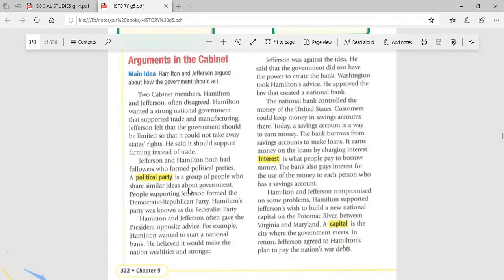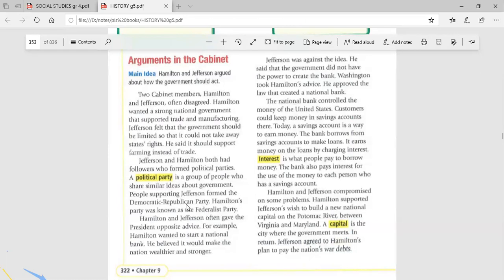Political party means a group of people who share the same ideas. So the people who supported Jefferson formed a party, and they named their party the Democratic-Republican Party. And Hamilton and his party gave their party the name the Federalist Party.